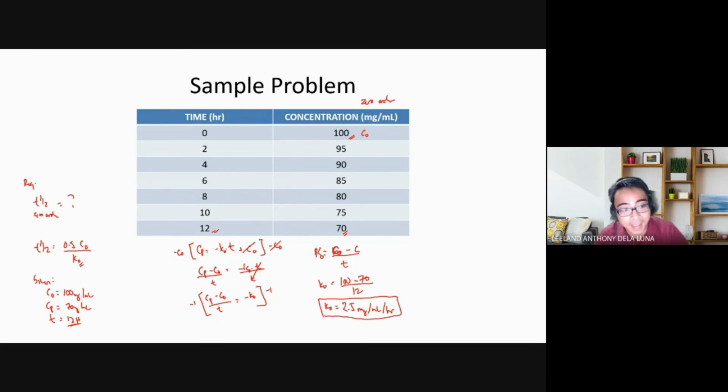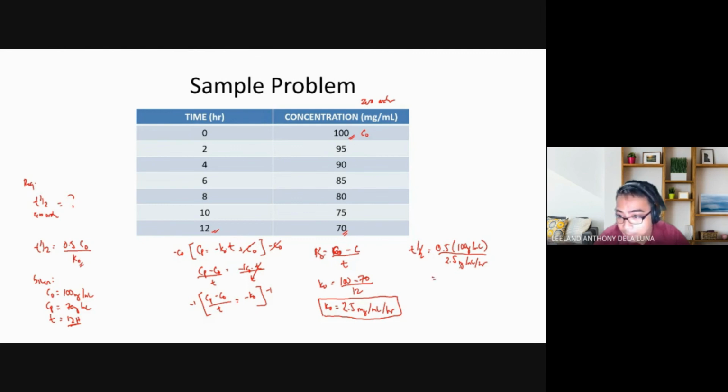Can I compute now for my half-life? Yes, I do believe I can. So half-life is equal to 0.5 times our C sub 0, which is 100 milligram per ml, divided by my K sub 0, which is 2.5 milligram per ml per hour.